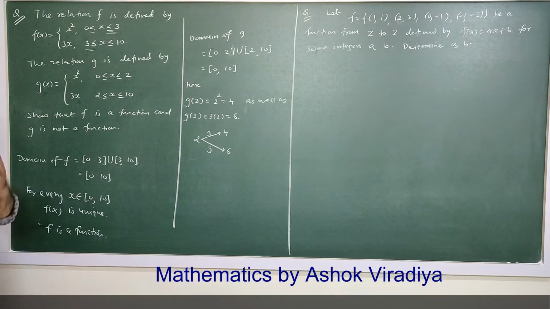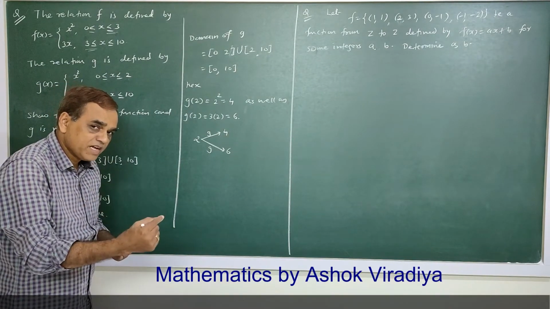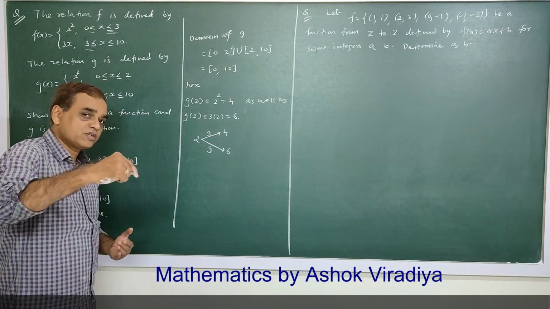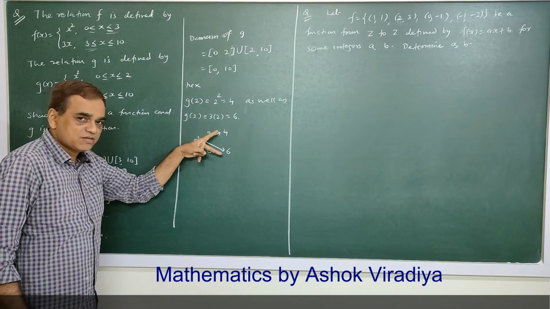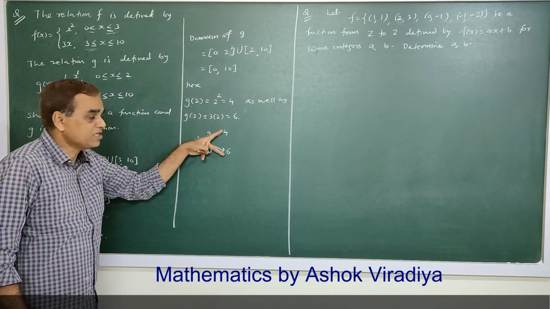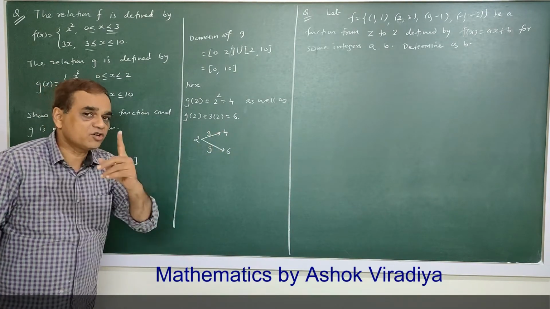And if every element of the domain has one and only one image, then that relation is a function. But if you find at least an element which has no unique image, meaning it has more than one image, then such a relation is not a function.